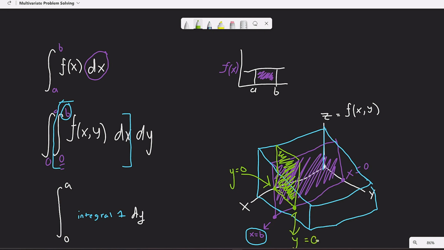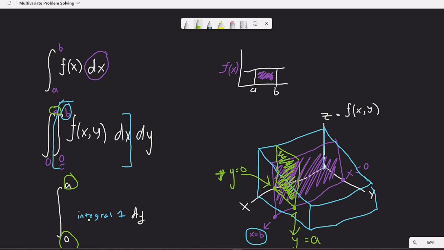Y is equal to a. And our a is right here. And our 0 is right here. So we are integrating this plane from 0 to a.